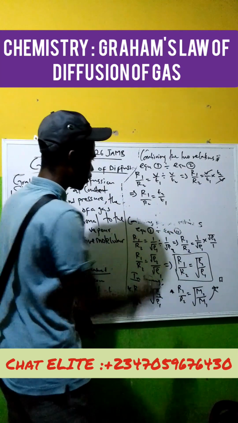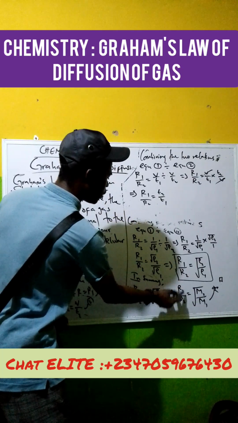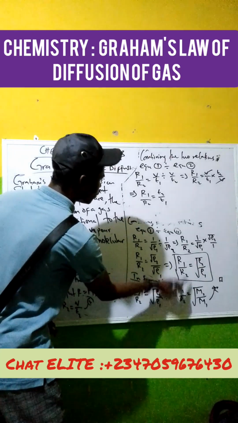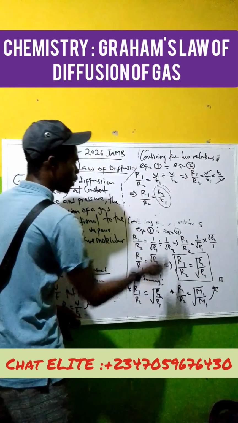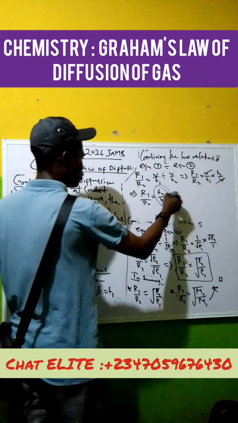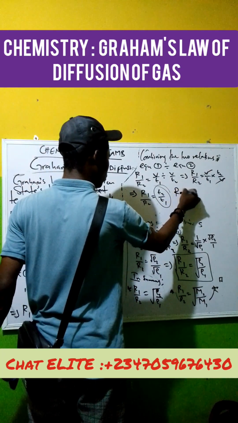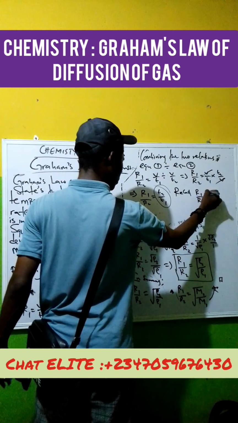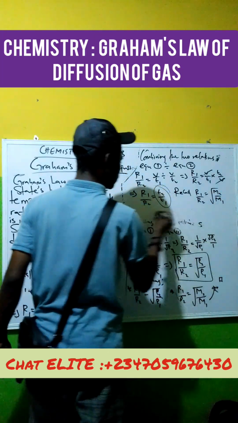So from this place, you know that we have R1 over R2 is equal to the whole of this, which means anywhere you see R1 over R2 here, you are going to input this one. So, given or recall that R1 over R2 equals square root of M2 over M1.